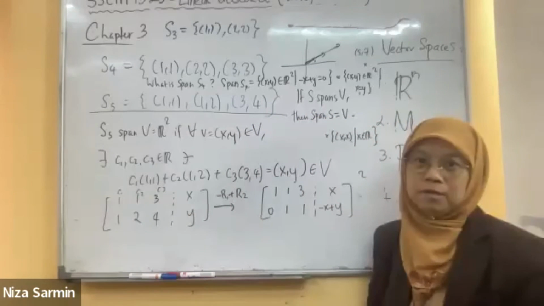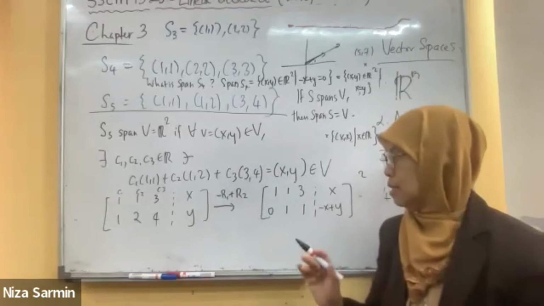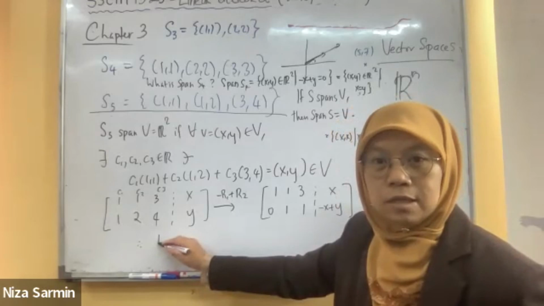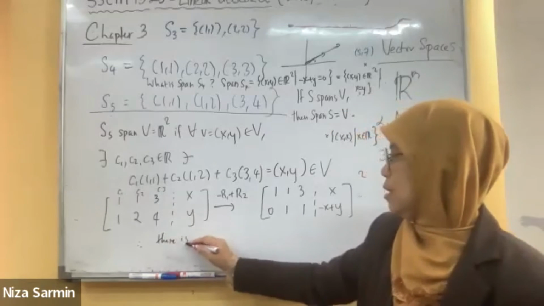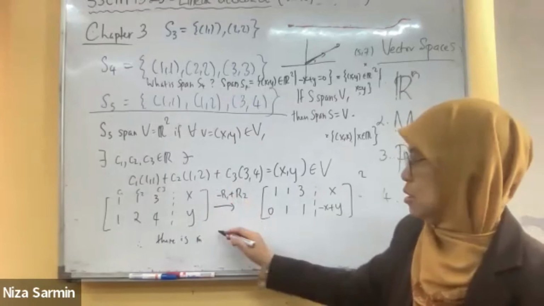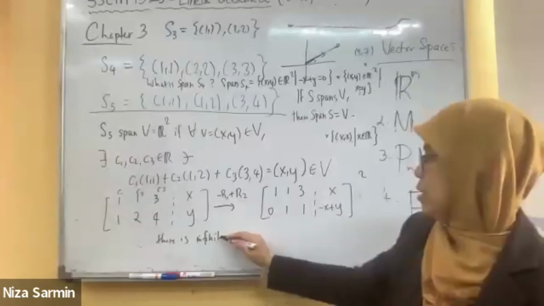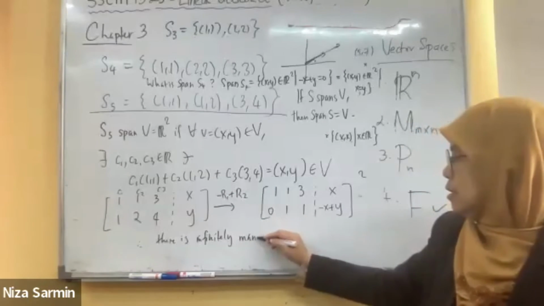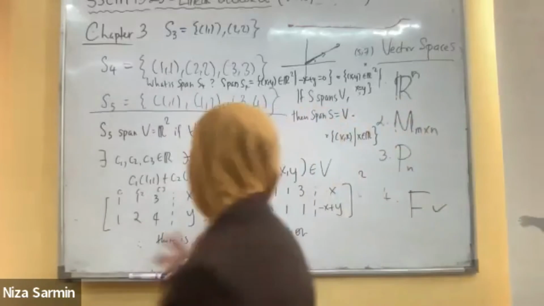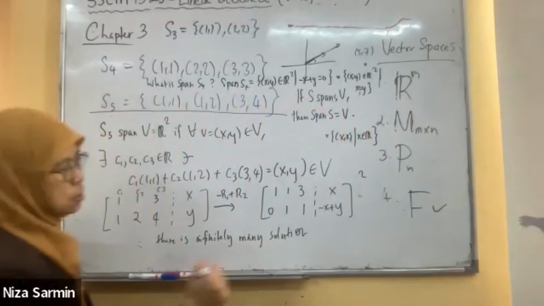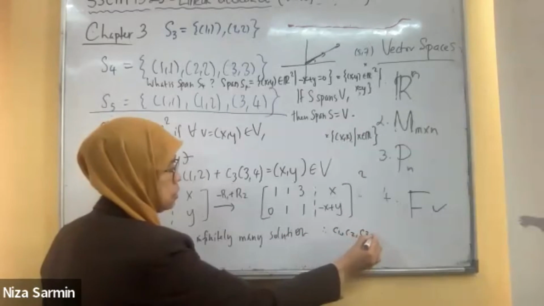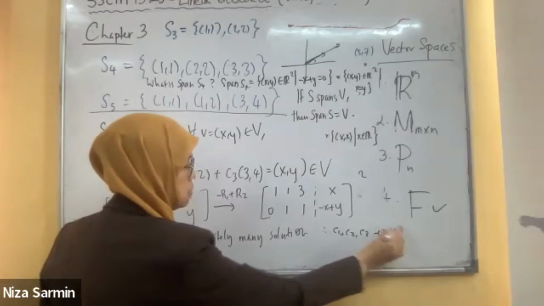If it spans, that means there is a solution, in fact infinitely many solutions. So you will say C1, C2, C3 exist.